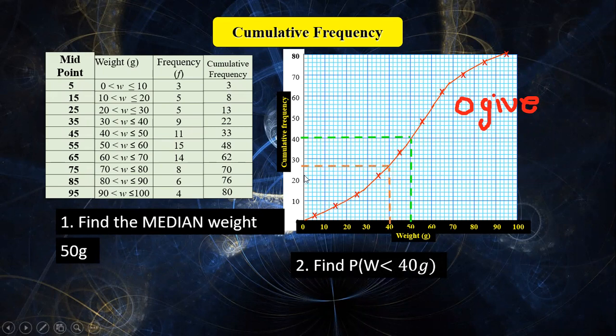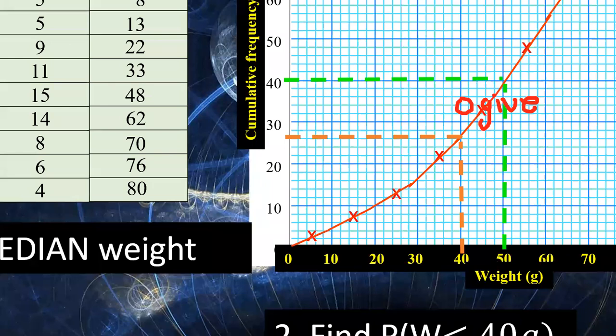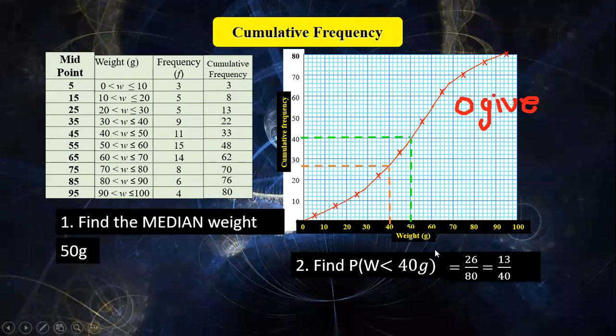And we have this figure here, which looks like 26, which is here. 28, 30. So it's going to be 26 out of 80 is going to be the probability, which gives me 13 over 40 as the probability.